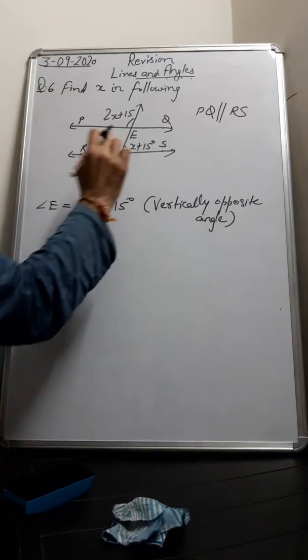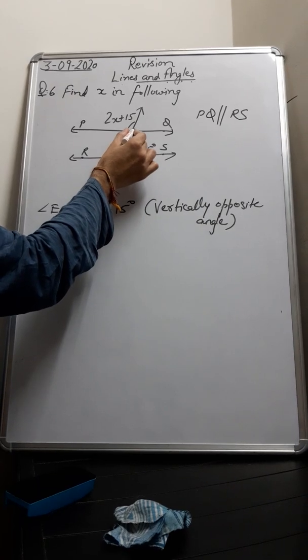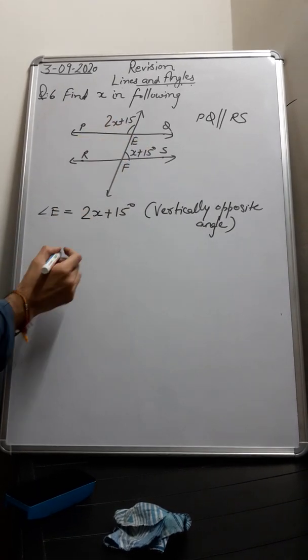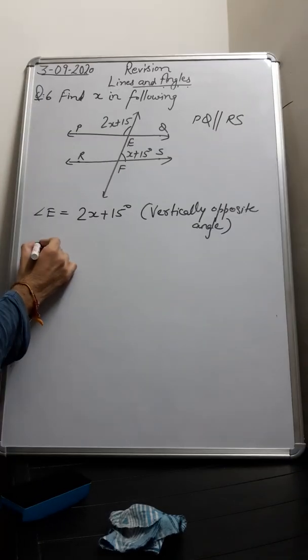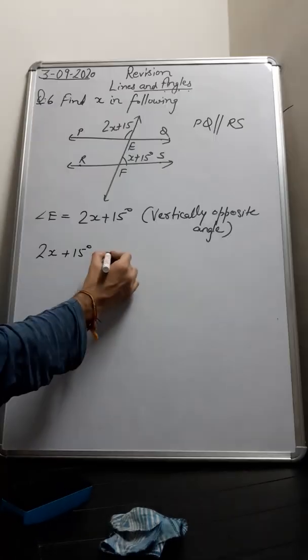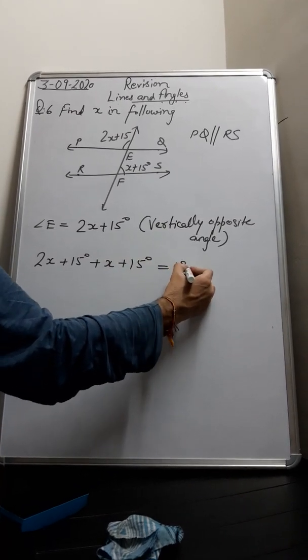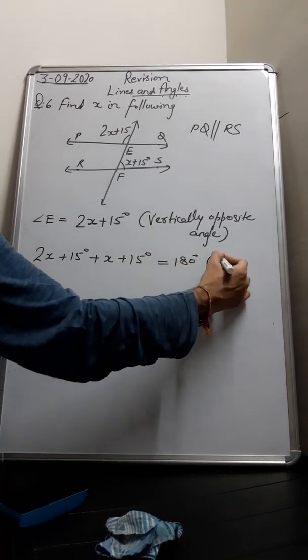Now here this 2x plus 15 and this both are your interior angles, and these interior angles are lying on the same side of a transversal. So we can say that 2x plus 15 degree plus x plus 15 degree will be equal to 180 degree.